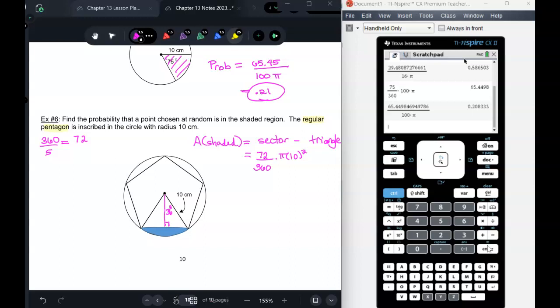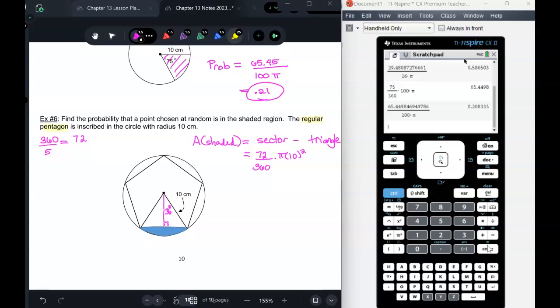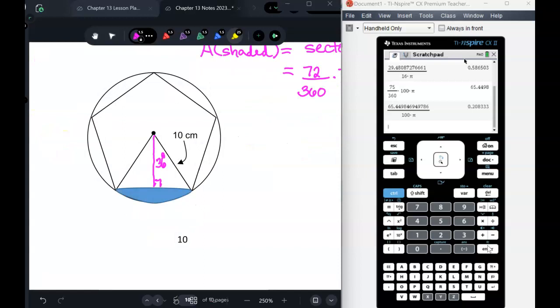All right, how do I find the area of that triangle? Base times height divided by 2, but I have to use some trigonometry. So I will call this x. Oh, is it tan 36?